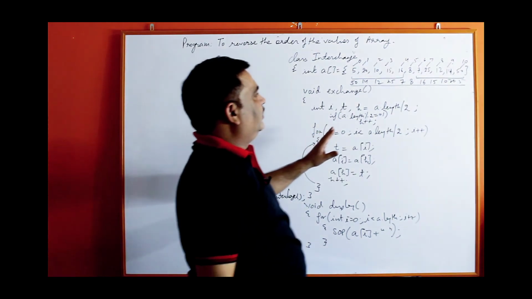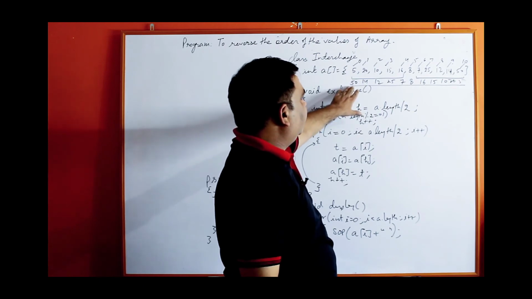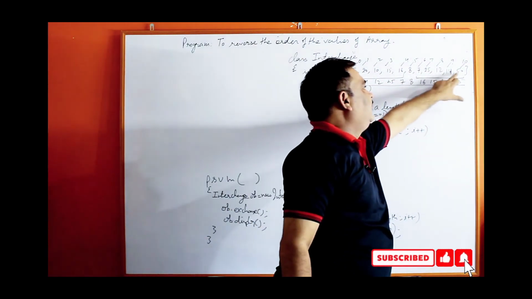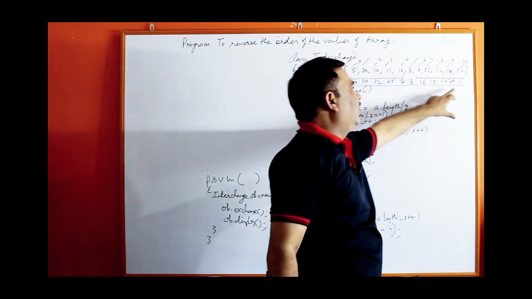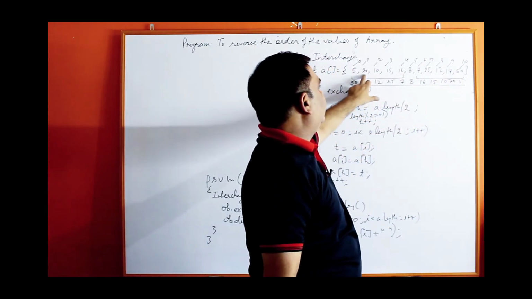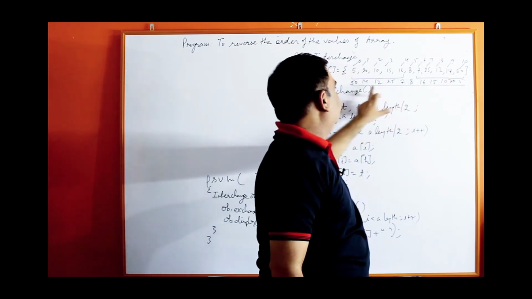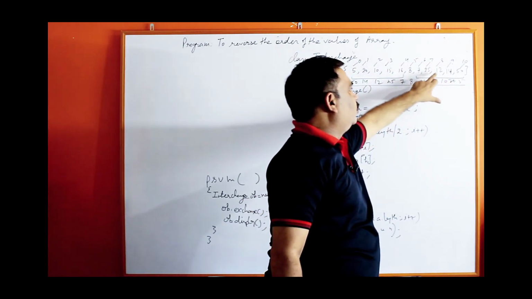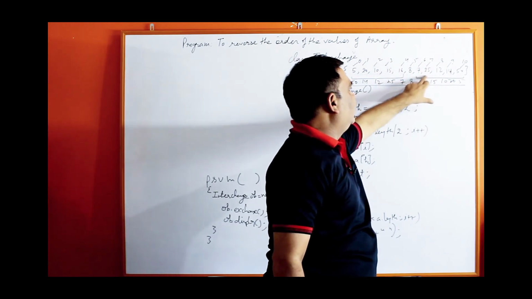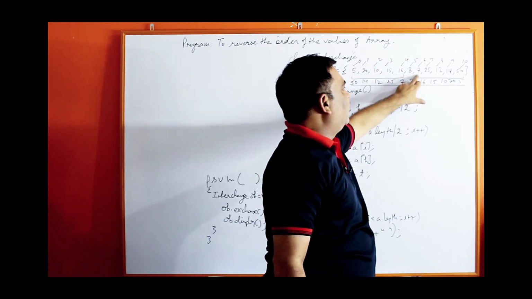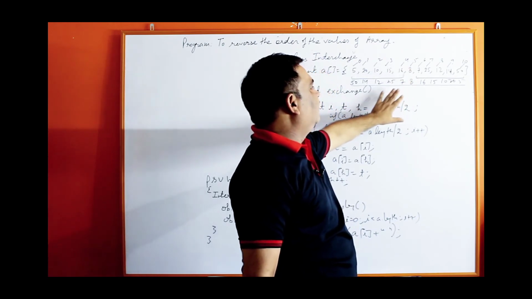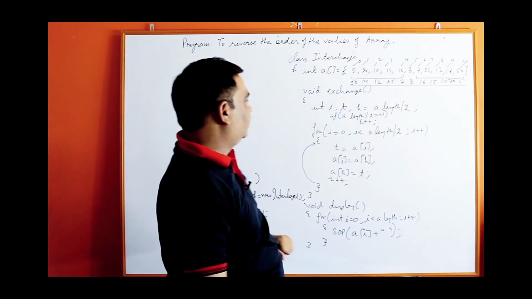In this case, you can exchange the first value with the last value. First value 5 and 50 you can exchange, 50 will come here, 5 will be here. Then you can exchange 20 with 14, 14 will be here, 20 will be here, then 10 with 12, 15 with 25, 16 with 7. If 8 is the middle index, then it will remain there. So the array will be reversed.